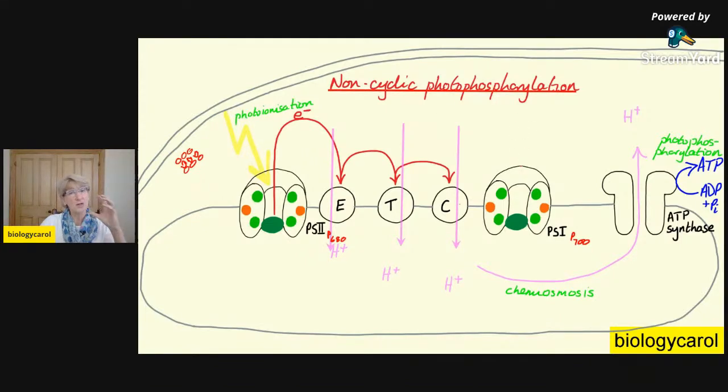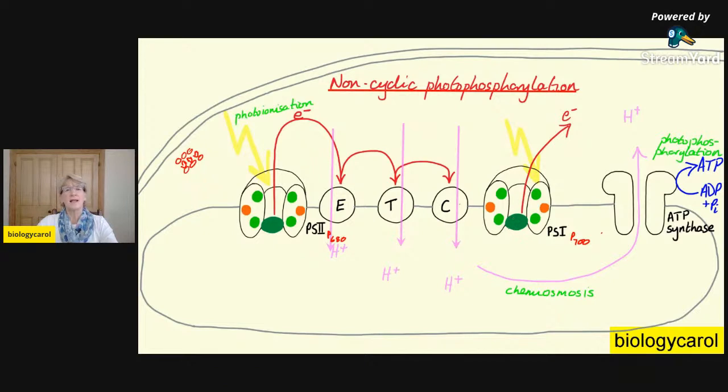However, non-cyclic photophosphorylation doesn't just do photophosphorylation. It does two other things as well. Because what happens now is that light hits photosystem 1. Light is absorbed, just like photosystem 2, by the accessory pigments and the energy is channeled down to the chlorophyll A. And an electron is excited and leaves chlorophyll A in photosystem 1.